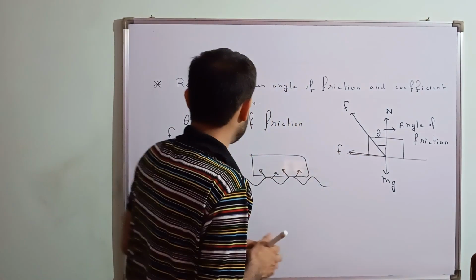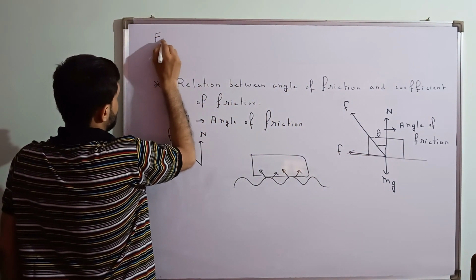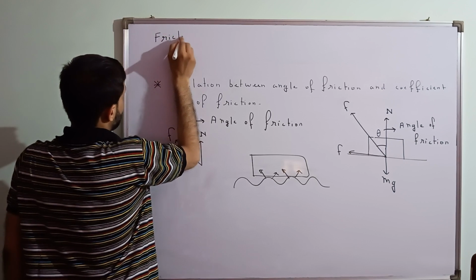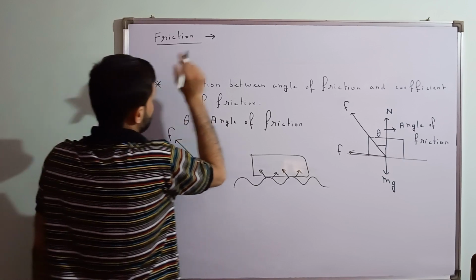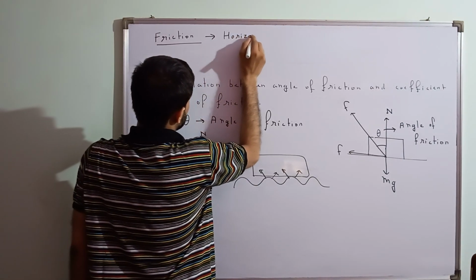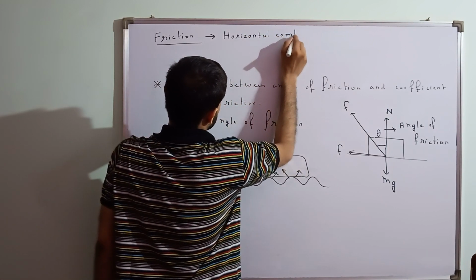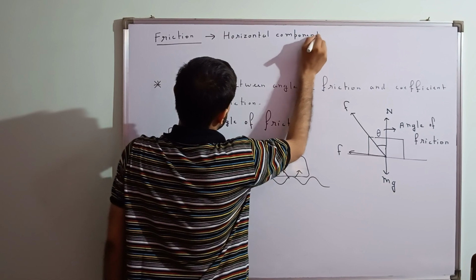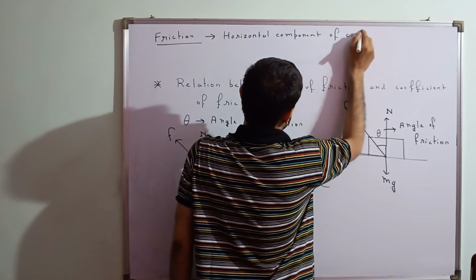So friction is basically what? Let me write it over here. Yes, I think I have explained all these things before, but you have forgotten. Friction is basically the horizontal component of contact force. Are you getting this thing? Horizontal component of contact force.